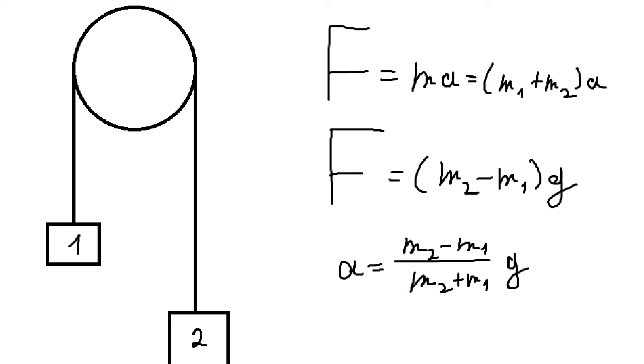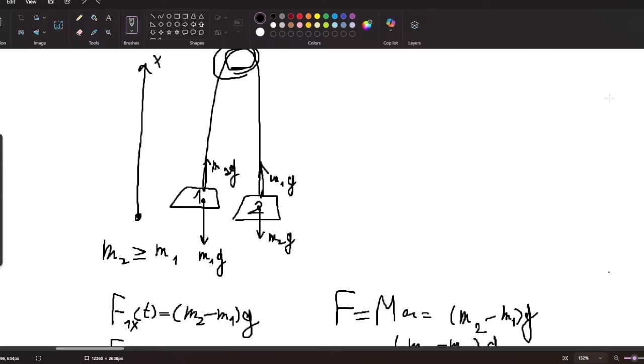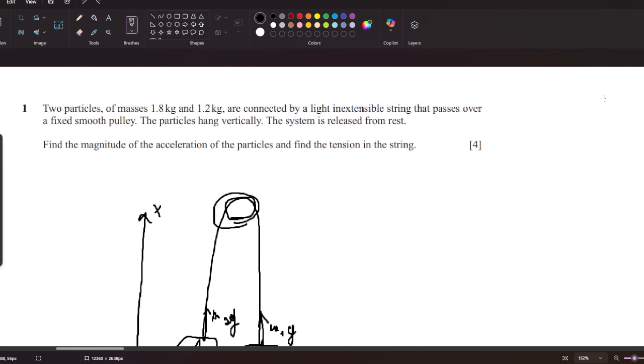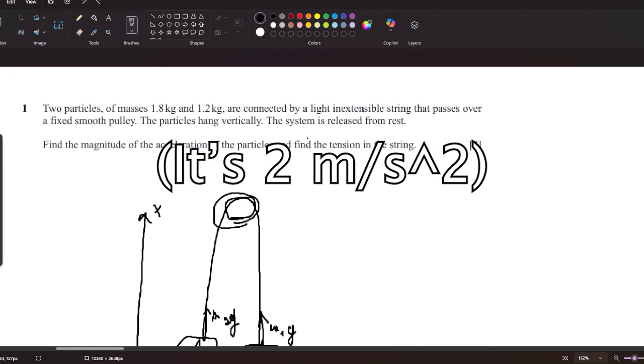It's going to be (m2 minus m1) over (m2 plus m1) times g, and the tension is going to be F. Well, I hope I know what tension is, because I have never studied it rigorously, or in any way at all. This is my first time seeing tension. So this is the acceleration. I will not calculate it. I don't have this much time, sorry.